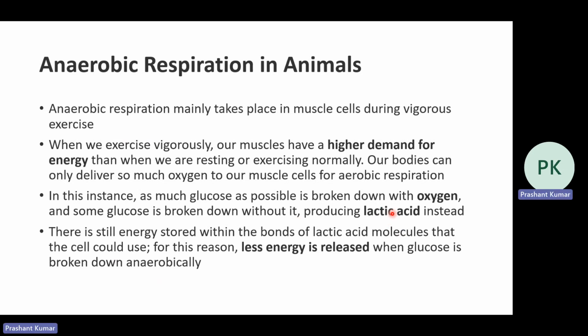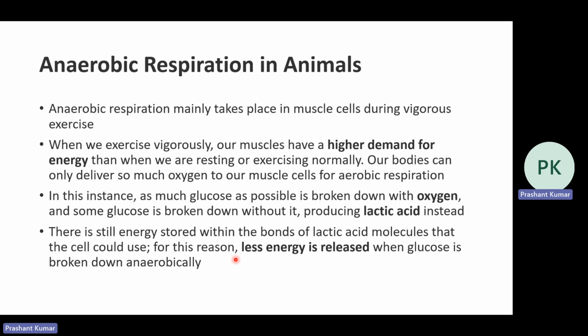We are not going to get the high yield of energy. There is still energy stored within the bonds of the lactic acid molecule that the cell could use. For this reason, less energy is released when glucose is broken down anaerobically. So that's a very important point.